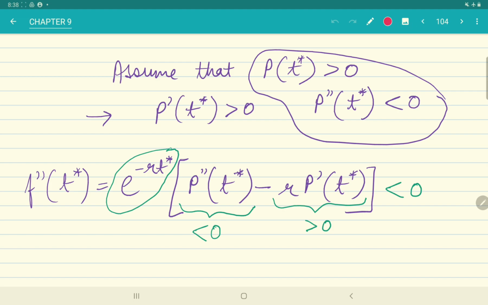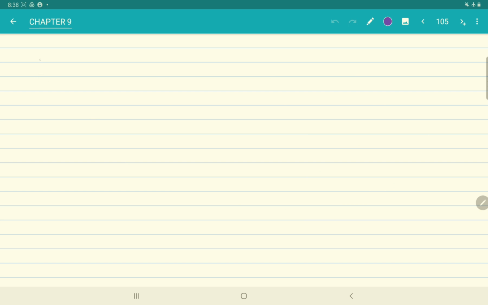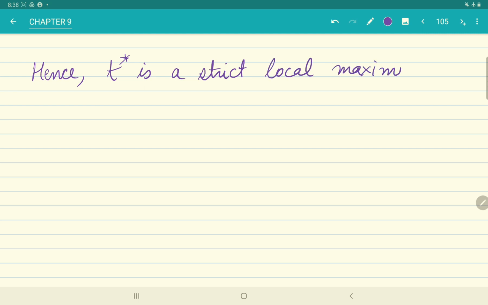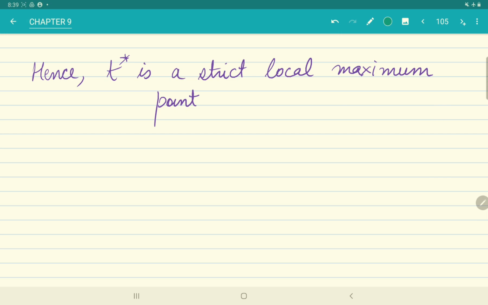So I can then write, hence T star is a strict local maximum point, and T star is characterized by this condition, that P prime T star is equal to R multiplied by P of T star.